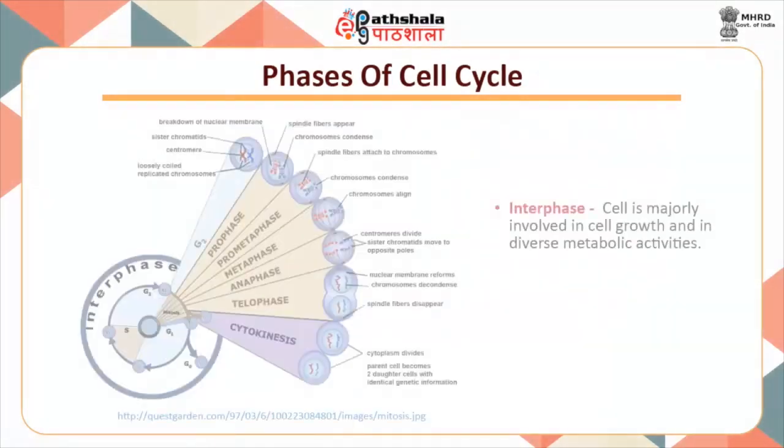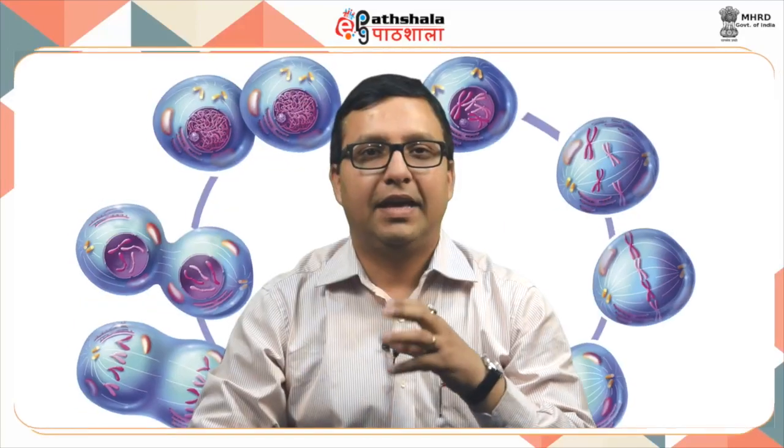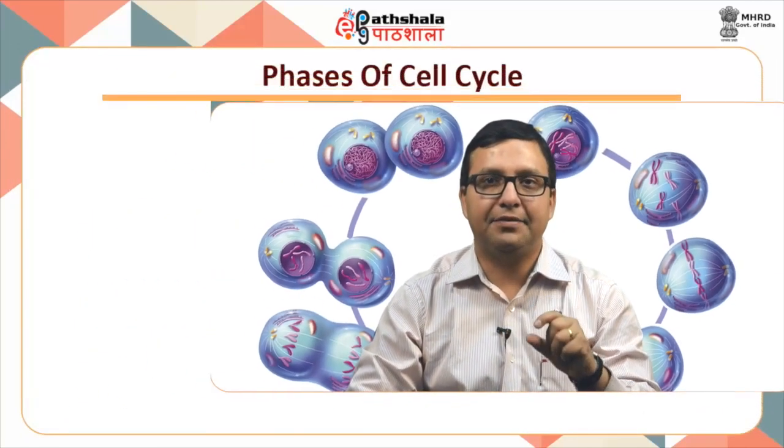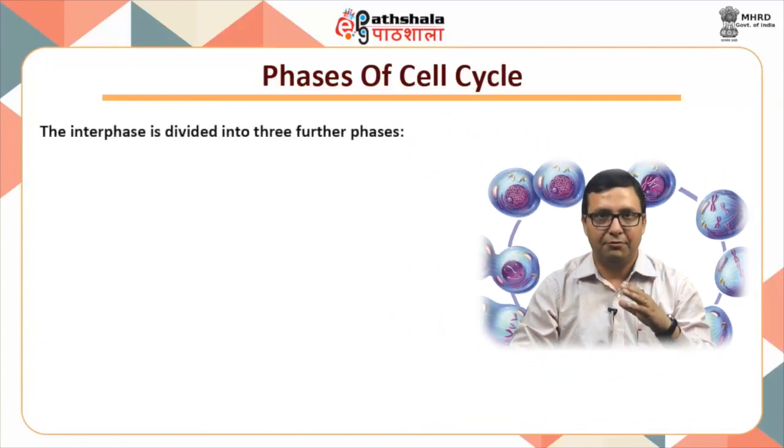So, interphase involves cell growth and various metabolic activity. The M phase is the actual division phase. You can clearly see all these phases in the given figure. As we have seen earlier, interphase is further divided into the G1 phase, S phase and G2 phase. Let's start with the G1 phase first.